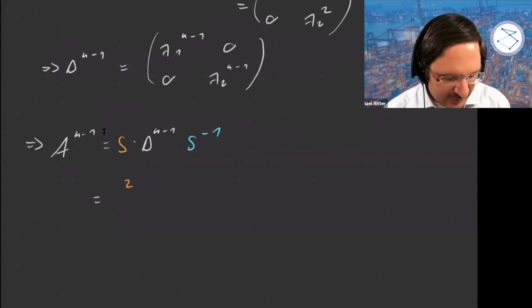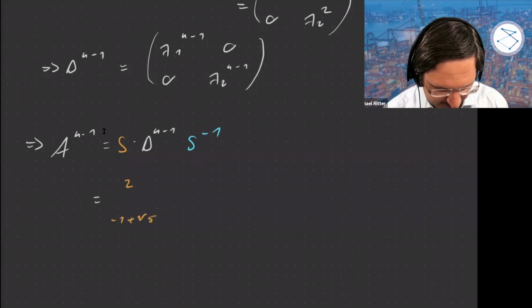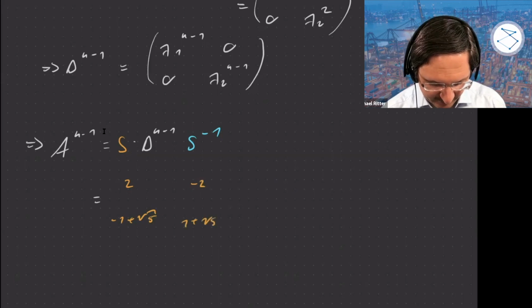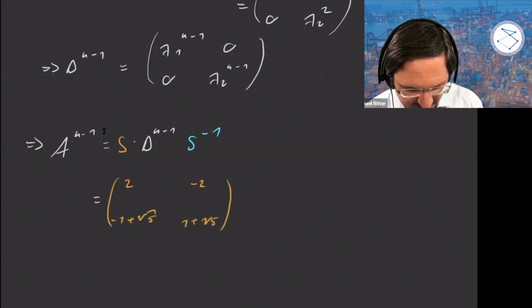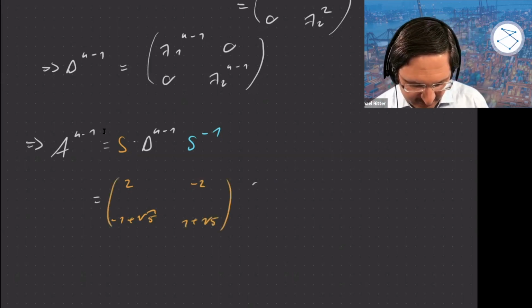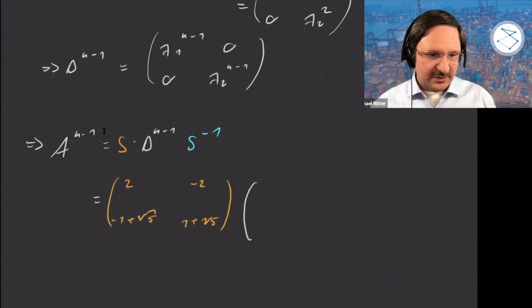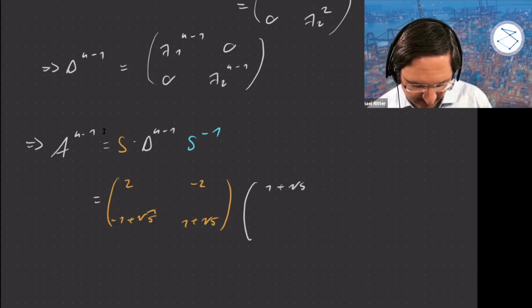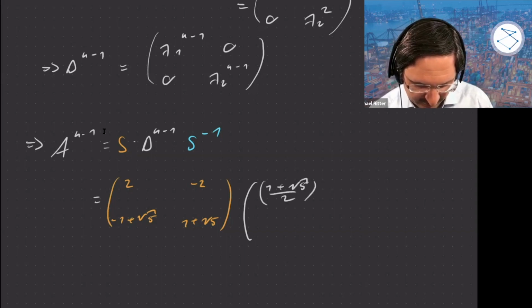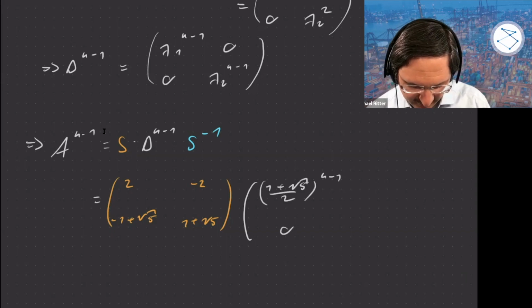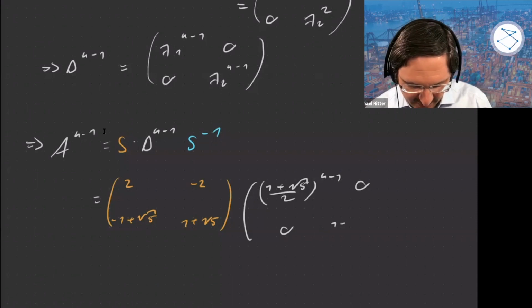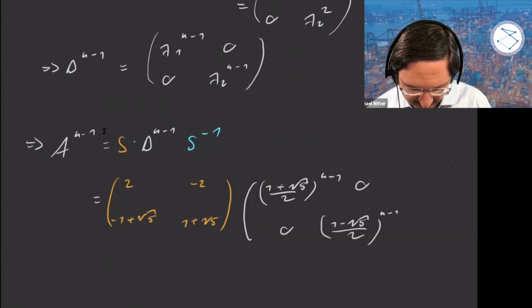It was 2, minus 1 plus square root of 5, minus 2, 1 plus square root of 5. That was S here. Then we have this D to the power of n minus 1. That's not so hard. We have (1 plus square root of 5 over 2) to the power of n minus 1, 0, 0, and (1 minus the square root of 5 over 2) to the power of n minus 1.